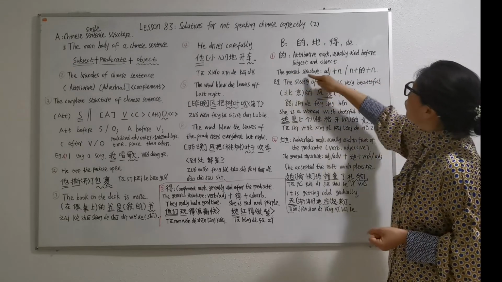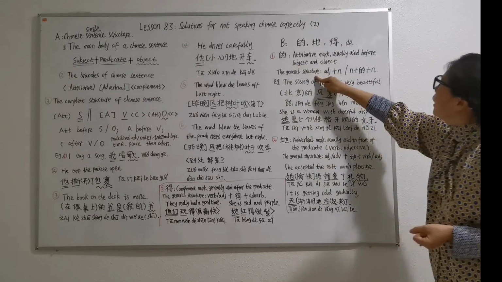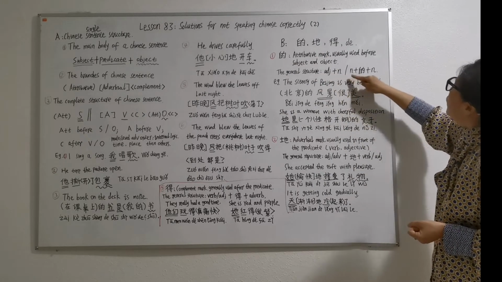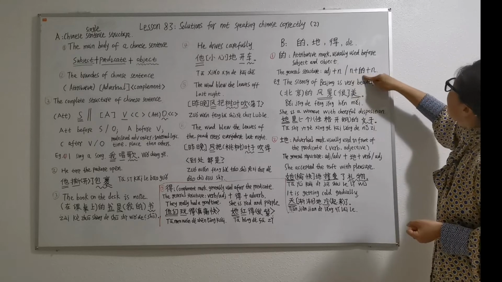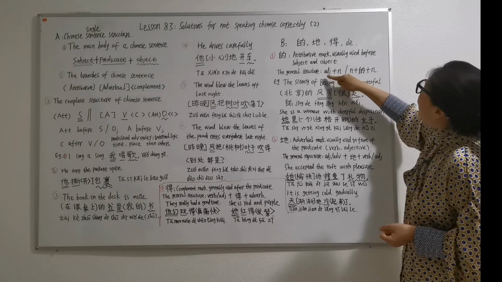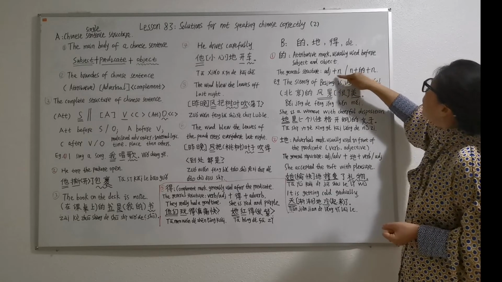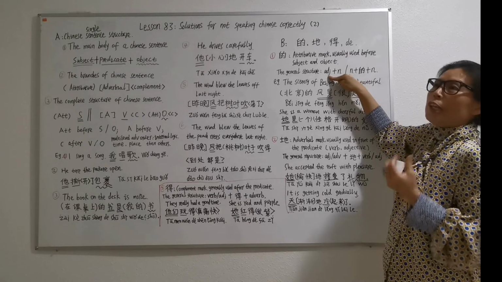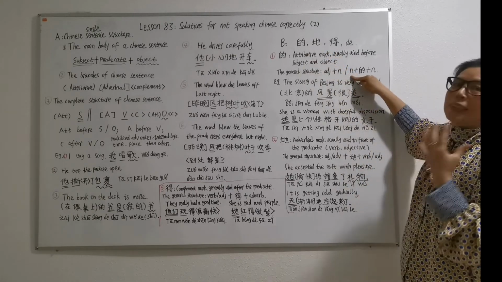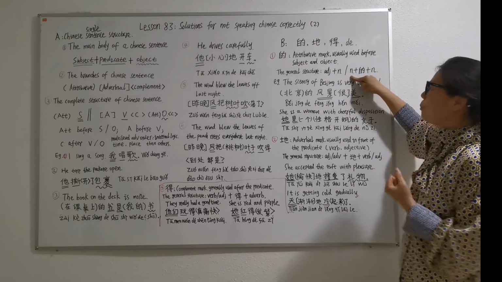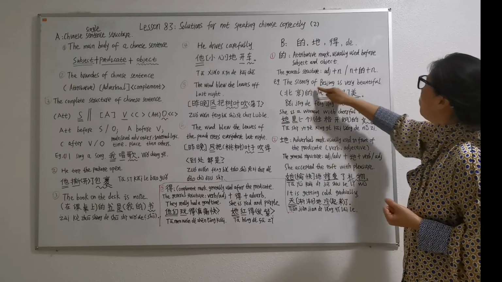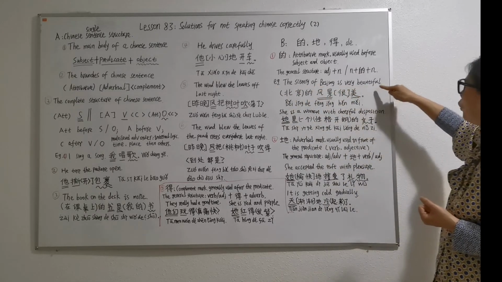The general structure of 的 is adjective add 的 add noun, or noun add 的 add noun. Why adjective add noun? Because adjective itself has the same function, so the two are the same structure. For example, the scenery of Beijing is very beautiful.